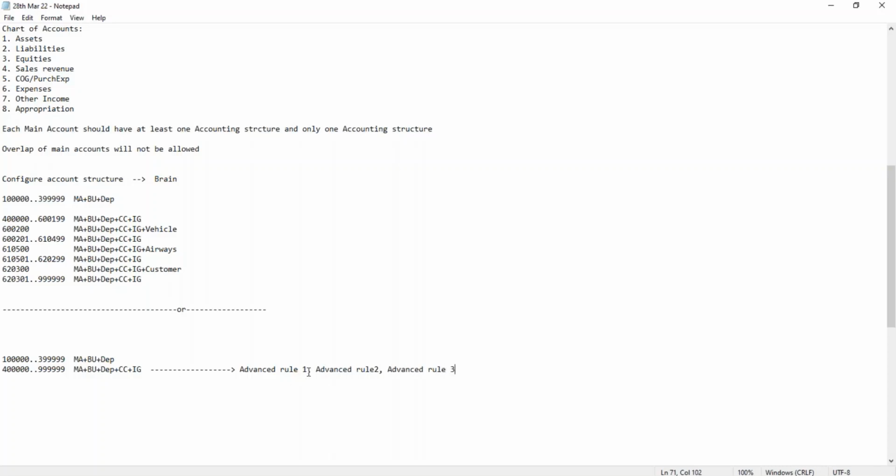What does advanced rule 1 mean? It is extra: if it is coming for this 600200, I will map vehicle.